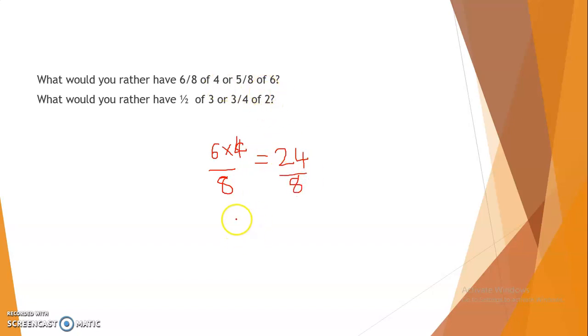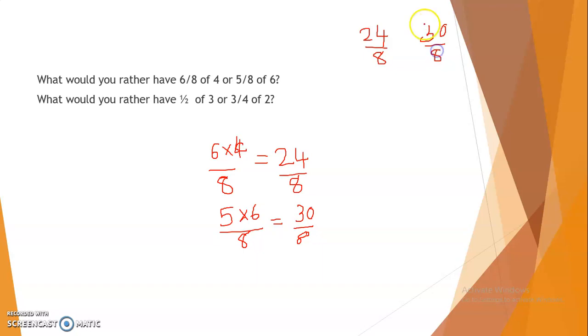Now 5 by 8 of 6 is 5 into 6 by 8, which is 30 by 8. So if the denominators are the same, the bigger numerator gives the bigger fraction. So the fractions we got are 24 divided by 8 and 30 divided by 8.